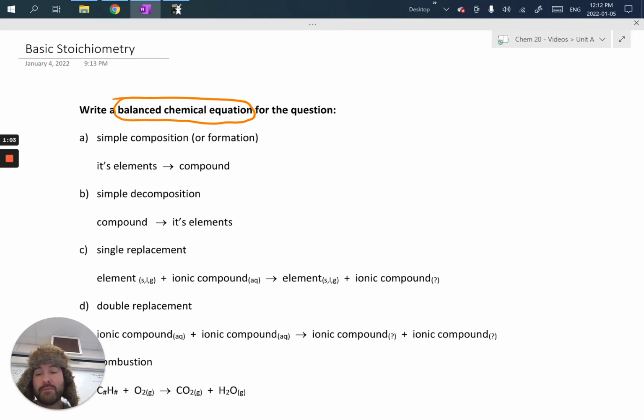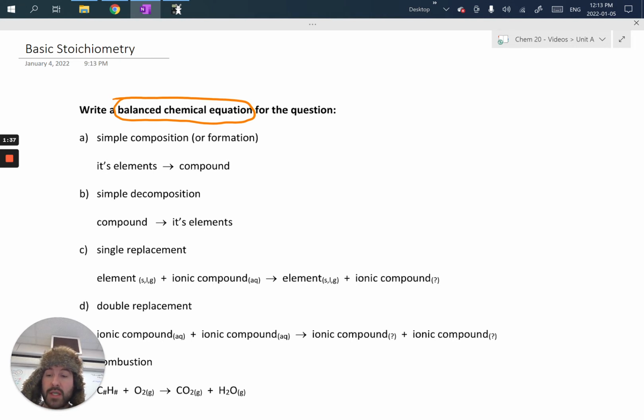So knowing your composition or formation reactions, decomposition, single and double replacement, combustion reactions, and acid-base neutralization, which is usually like a double replacement reaction. And then also using your solubility table, determining if there's a precipitate, because sometimes maybe you'll just be asked about the precipitate and you have to determine what that is. And so you really need to have a handle. You need to be a pro at writing balanced chemical equations.